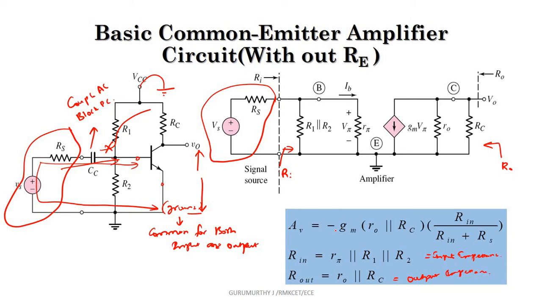And the gain is nothing but, when you write the V0 equation, it is gm into V pi. So this current is going to flow in this path. So this is plus and this is minus. So gm into V pi, R0 parallel Rc. So what is V pi here? V pi is the voltage here.